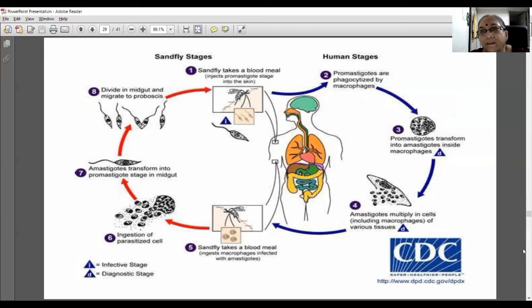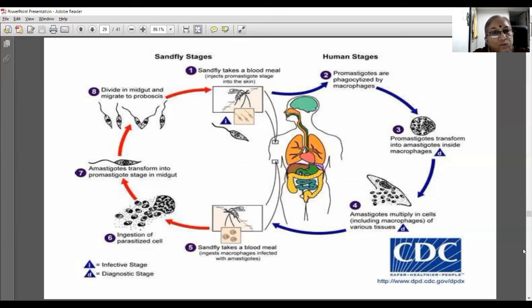From there, the promastigotes are phagocytosed by the macrophages, and the promastigotes transform into amastigotes inside the macrophages. Amastigotes multiply in cells, including the macrophages of various tissues. Then the sandfly takes the blood meal and ingests the macrophages infected with amastigotes, and with ingestion of these parasitized cells, there is release of the amastigotes.